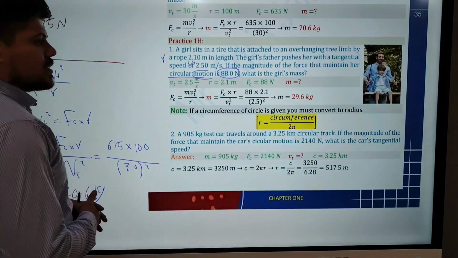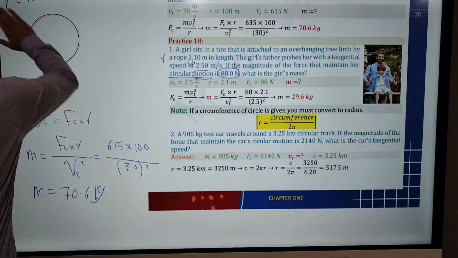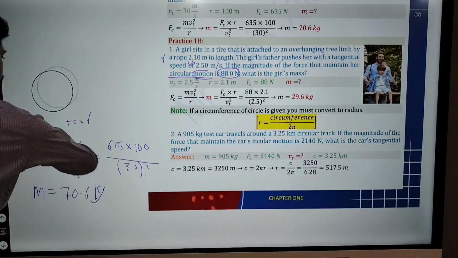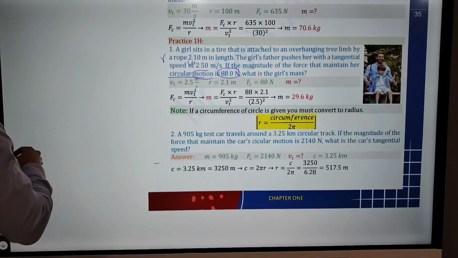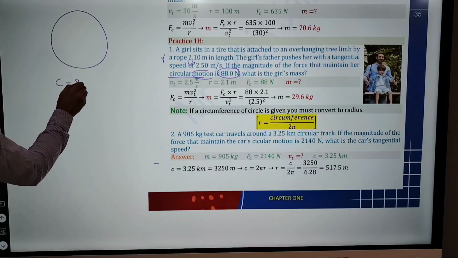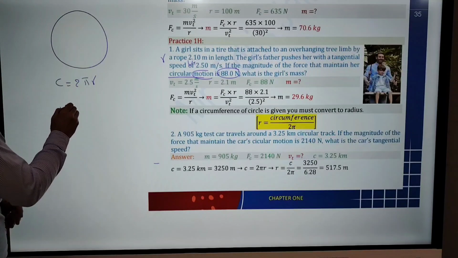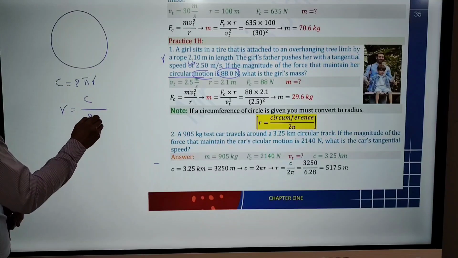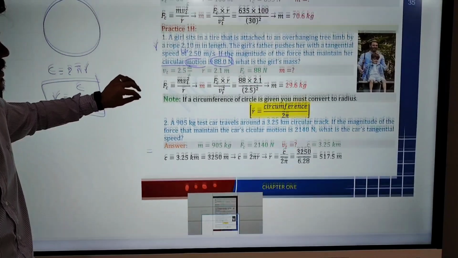If the circumference of the circle is given, you must convert to the radius. According to math basics, the circumference of the circle is equal to 2 pi r. So r is equal to what? C over 2 pi.